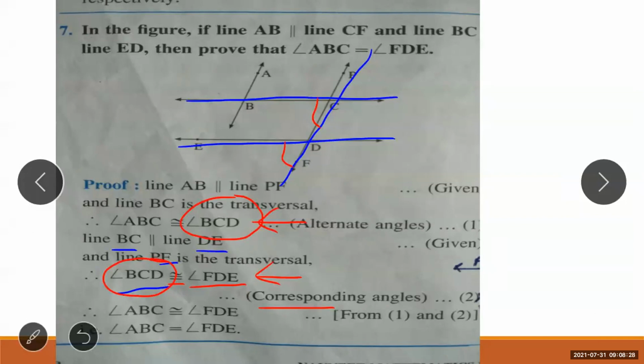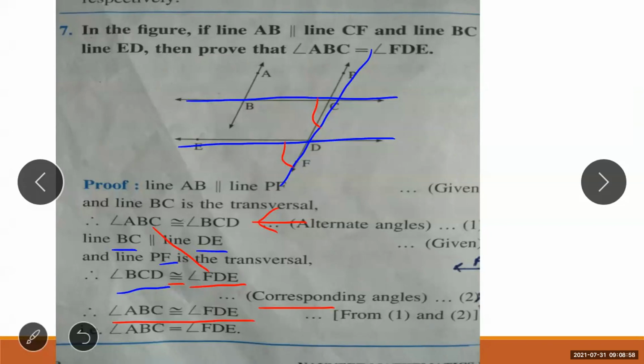Now see both equations, this BC and here also BC. In angle BCD, for both, the angle is congruent in the first condition and in the second condition. So from equation 1 and 2, we can say that angle ABC and angle FDE are also congruent to each other.